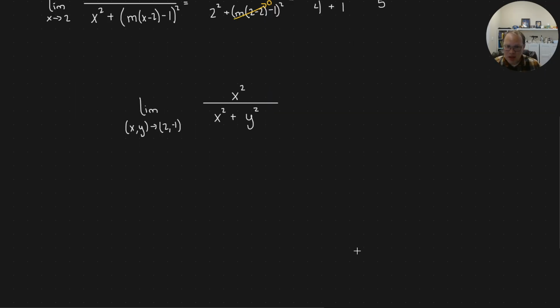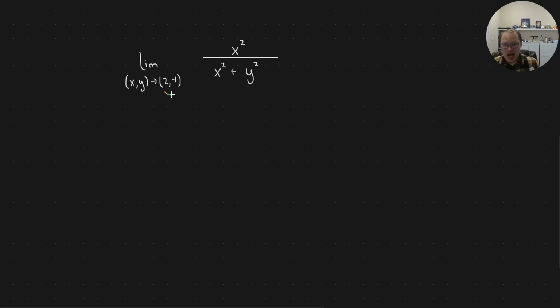We have the same thing going on here for the full function. At this point, if we just plug in 2 for x and -1 for y, this function looks like it's continuous there. If I just plug in, I don't get an indeterminate form like 0 over 0 or infinity over infinity or anything like that. And each of these on their own is continuous.